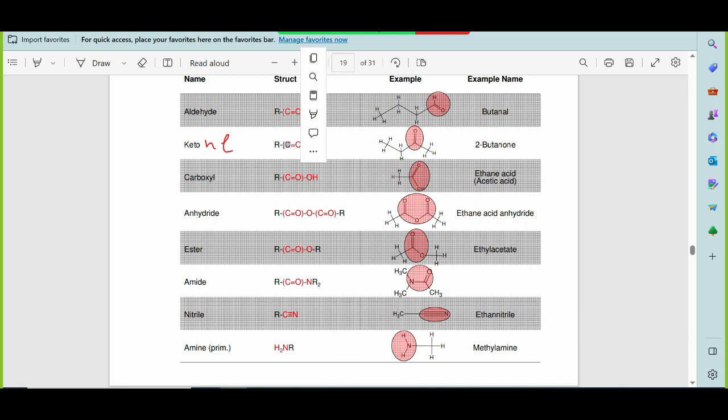So this is the keto group, the keto functional group, and the full molecule is a ketone. The termination is -one. In this case, it's butanone because it's 1, 2, 3, 4.